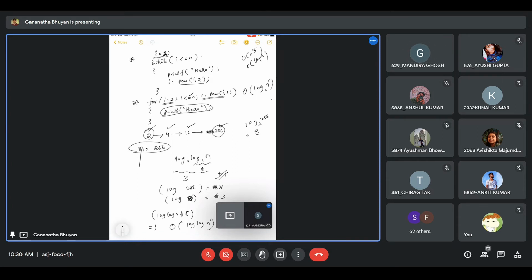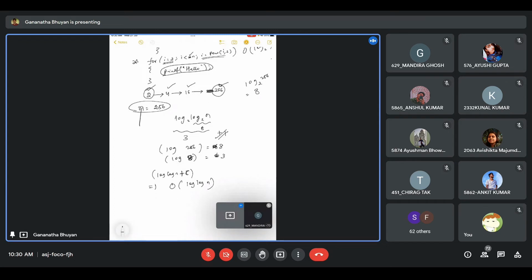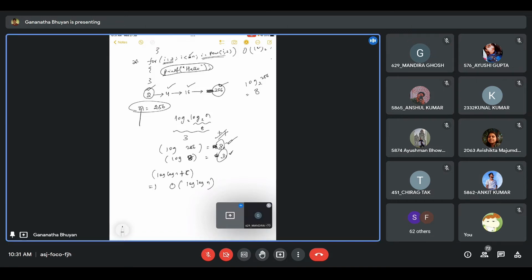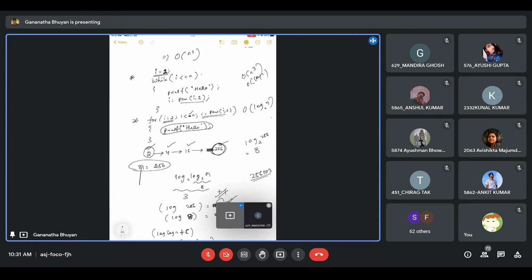Okay. See, when the first log n gives a value of 8 and log of that gives a value of 3, so you are basically trying to figure out a relationship between 8 and 3, right? Yes. The entire thing is you are trying to figure out a relation between 256 and 3. Yes or no? Yes. So how do you do that? 256 मैंने इसलिए लिया, देखो यहाँ पर पावर ऑफ 2 है, तो मुझे वैल्यू से पता चल रहा है कि वैल्यू कैसे ग्रो हो रही है, 2, 4, 16, 256, the value is growing like that.